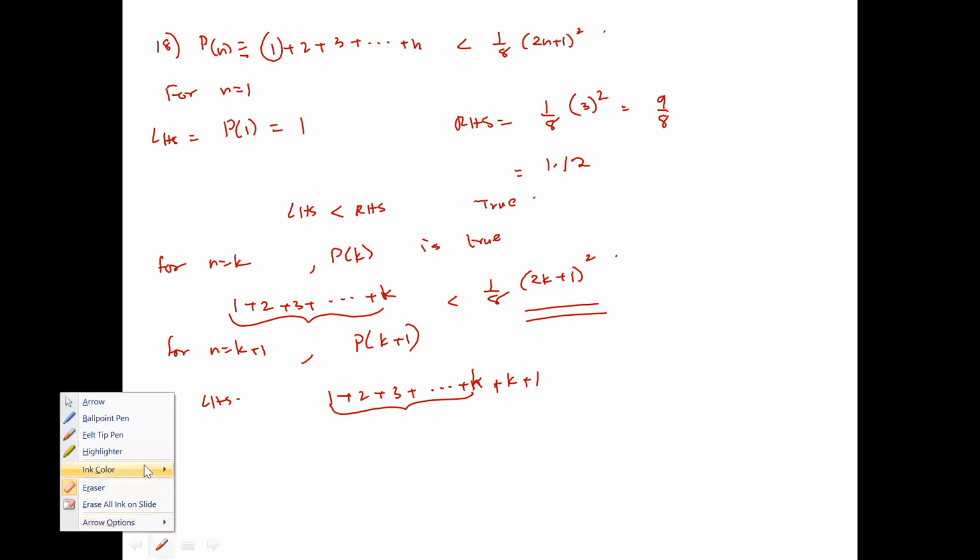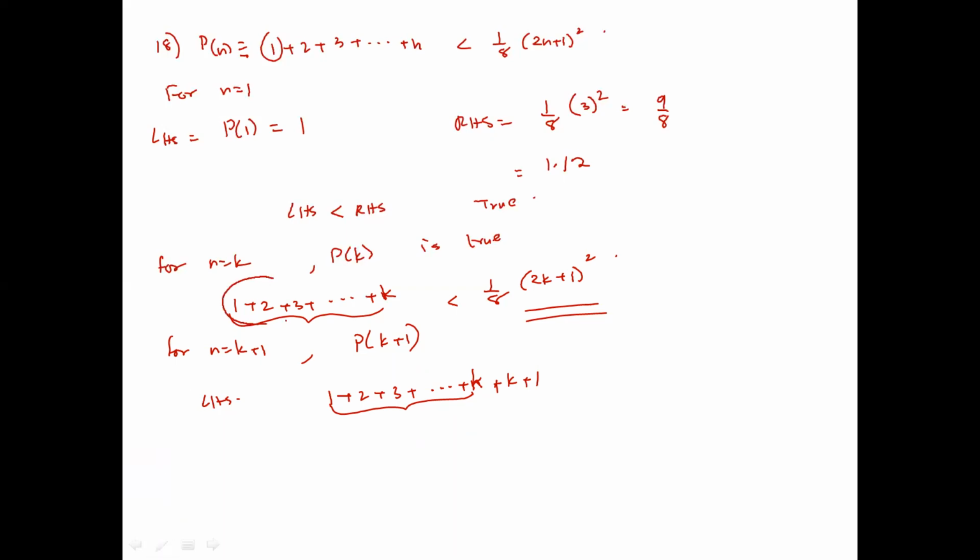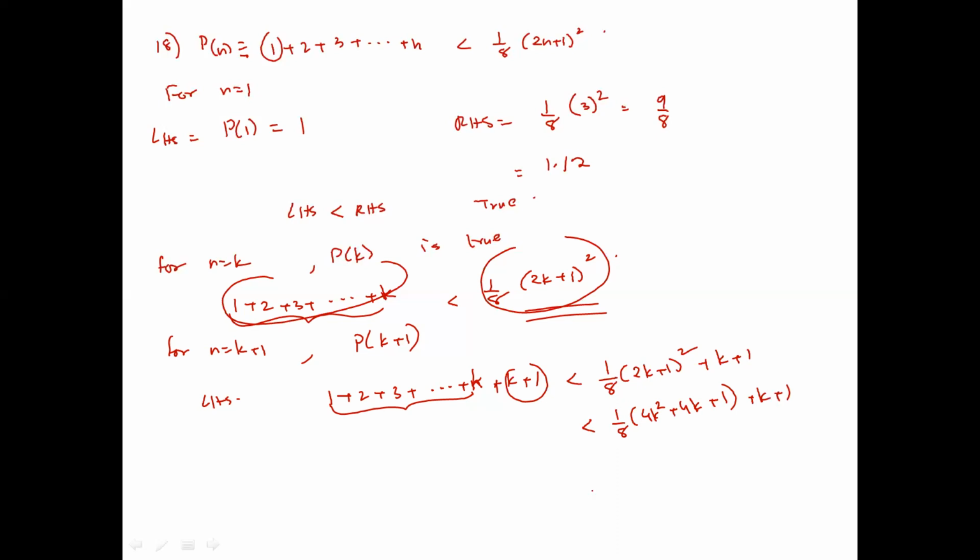This entire thing is less than 1 by 8 into 2k plus 1 whole square. So I will write less than 1 by 8 into 2k plus 1 whole square, then plus k plus 1.